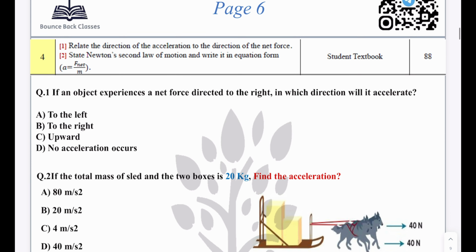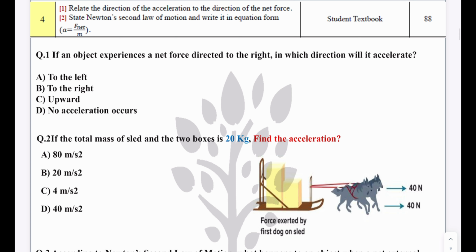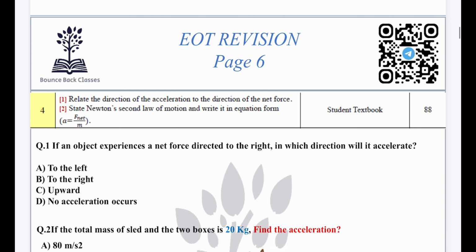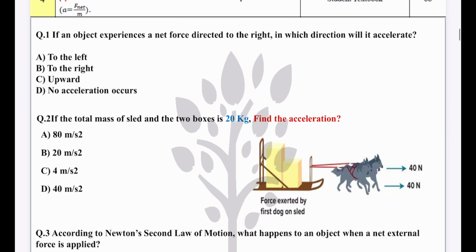Now question number 4. As I taught you force, I told you just use this equation, F net equals ma, and at least half of the exam you can solve. Clear? Okay. If an object experiences a net force directed to the right, let's say you have this body, and where is your F net?